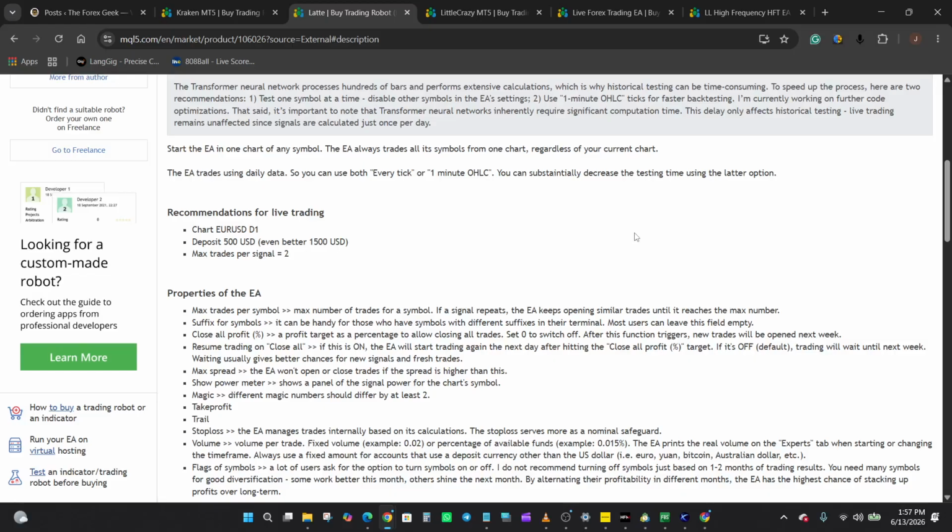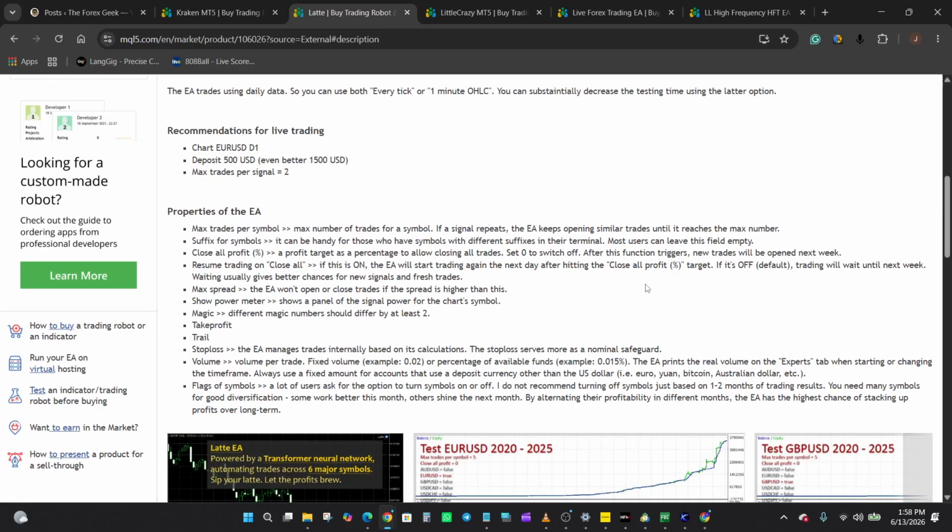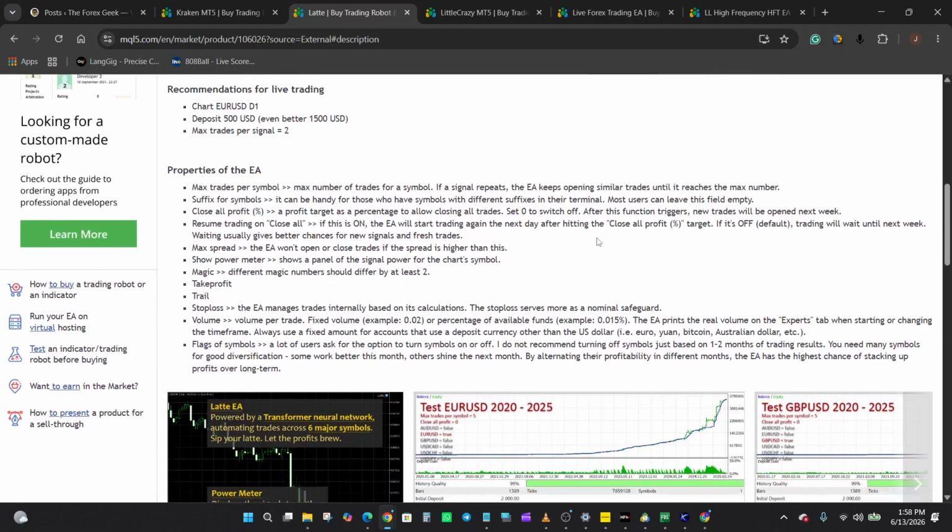All right. Now, depending on how it is configured, the EA can either begin trading again the next day or wait until the following week before looking for new opportunities. We also have spread protection settings, trailing stop functionality, take profit and stop loss controls, volume management options, and symbol selection controls.